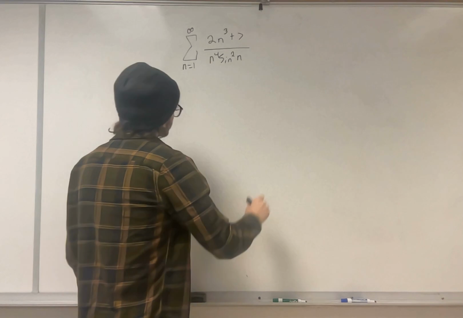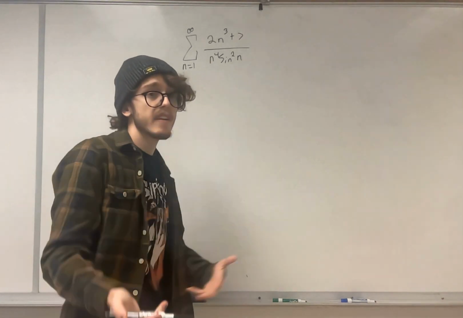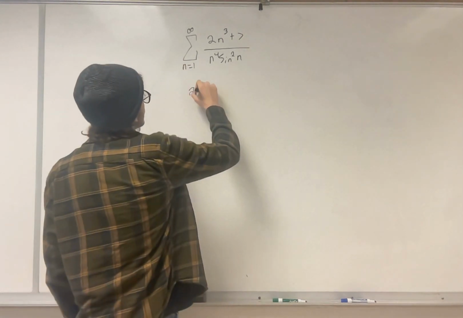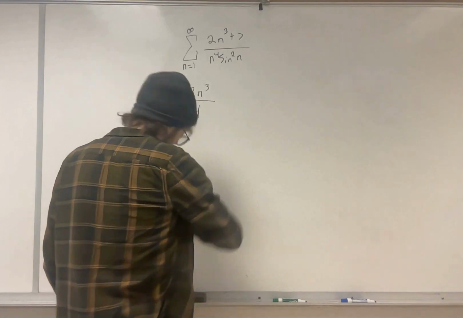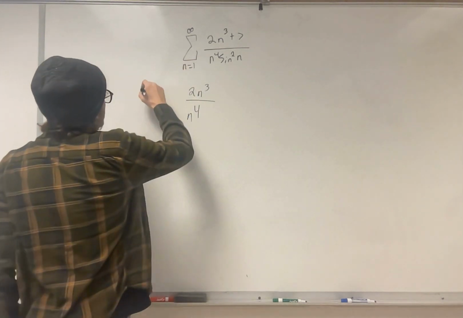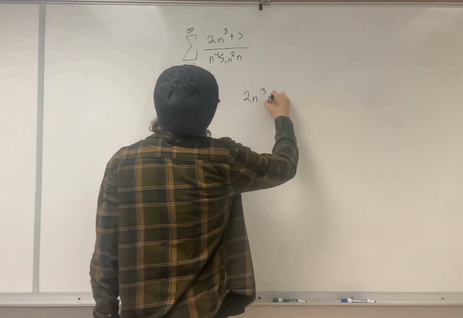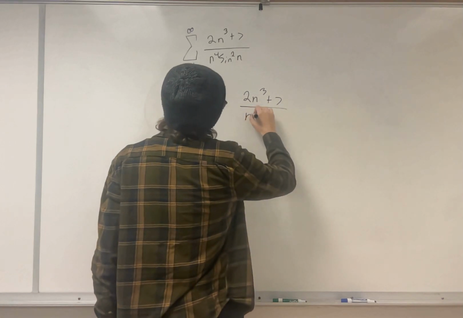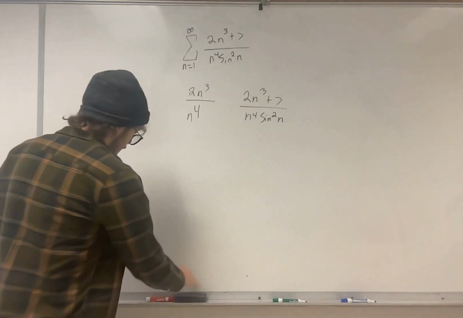Alrighty, so we're going to look at the behavior of the divergence more as 2n to the third over n to the fourth. Okay, we'll compare that to our parent series, which is 2n to the third plus 7 over n to the fourth sine squared of n.